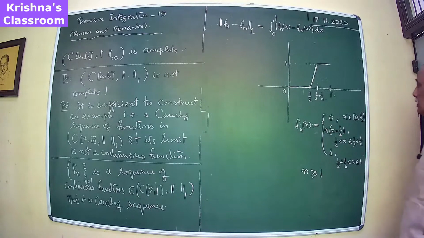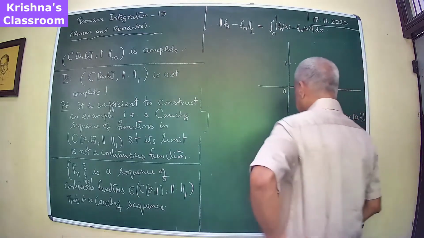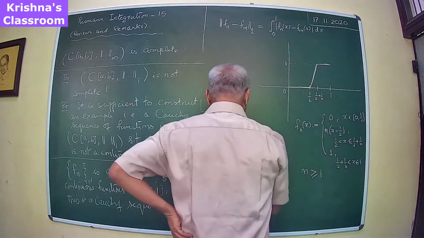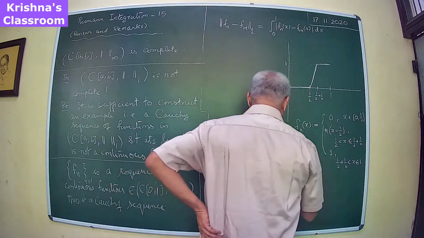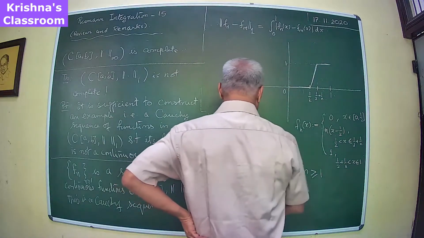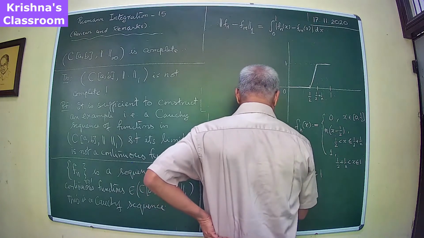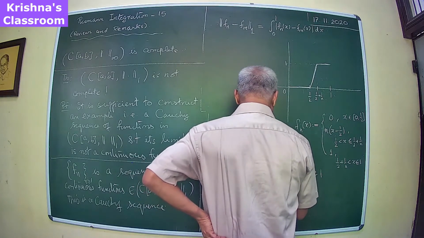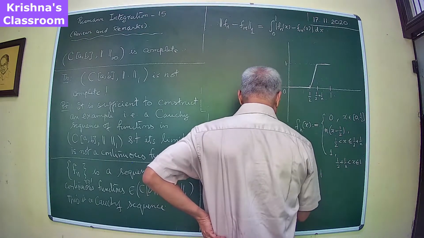Okay. So let us draw the two functions. This is half. This is half plus 1 by m.